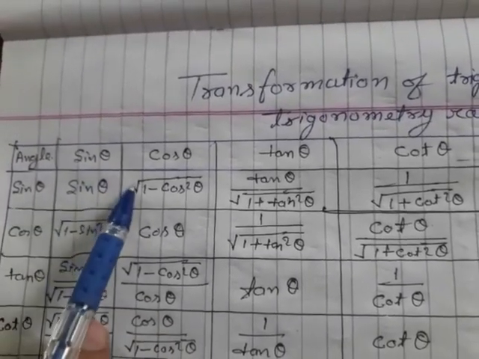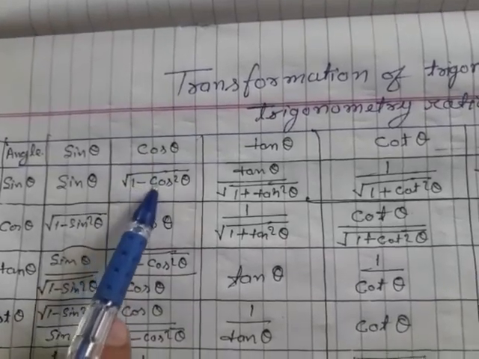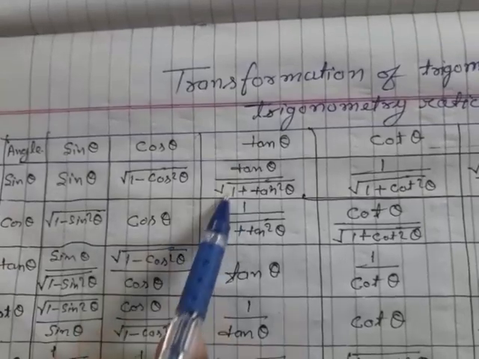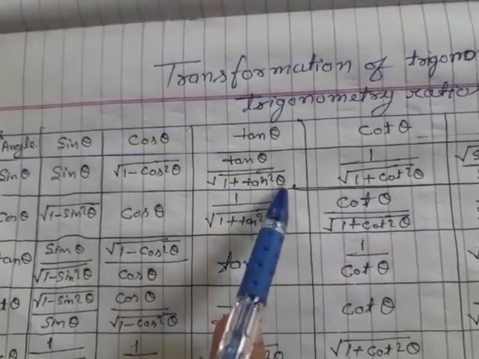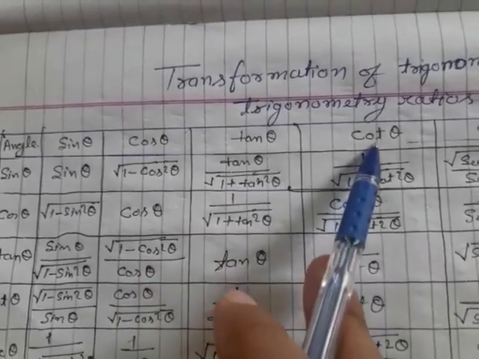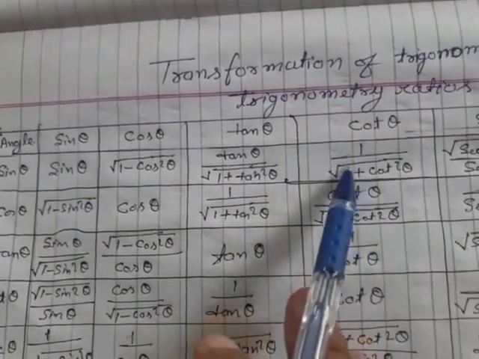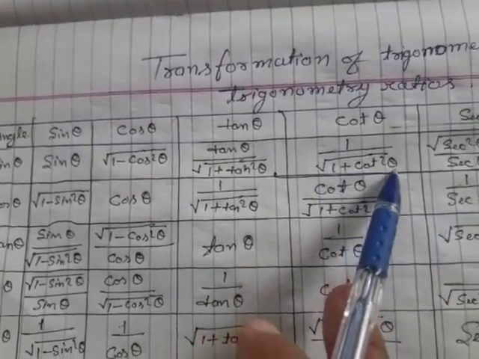Sin theta in the form of cos: under root 1 minus cos square theta. Sin theta in tan form: tan theta upon under root 1 plus tan square theta. Sin theta in the form of cot theta: 1 upon under root 1 plus cot square theta.